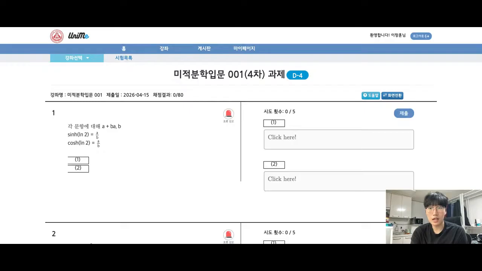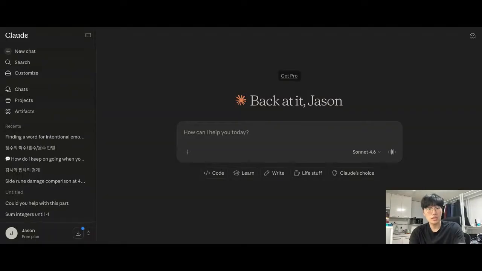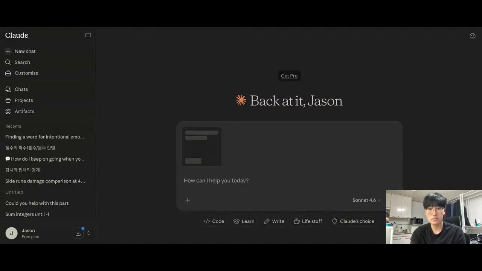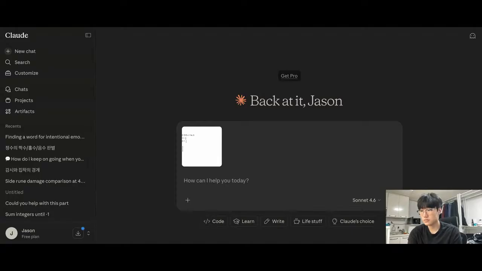So we'll be studying calculus today. Let me just use Claude AI to walk through brain-based calculus problems step by step.